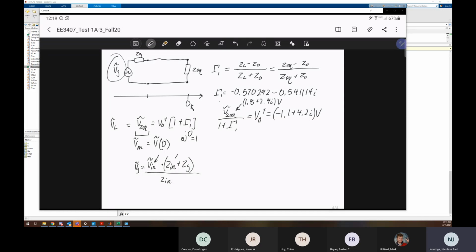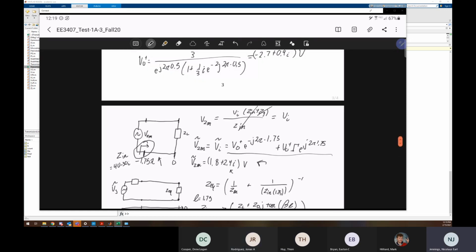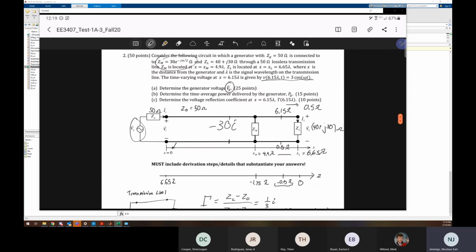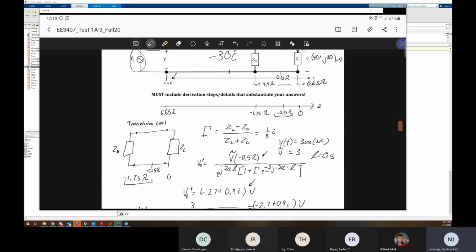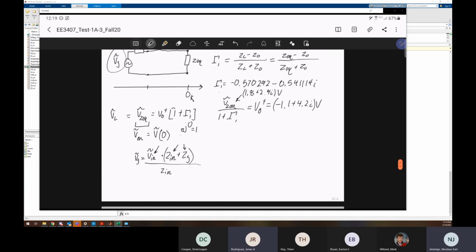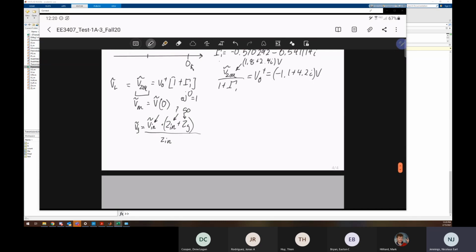And then what else are we missing? Do we know Zn? Do we know Zg? Yes. Okay, so we do know Zg, correct? Yeah, that was given to us at the very beginning of the problem. 50 ohms. And we only have one unknown. This is simply 50, this is unknown. So one unknown, one equation. And what is that equation that we'll use?